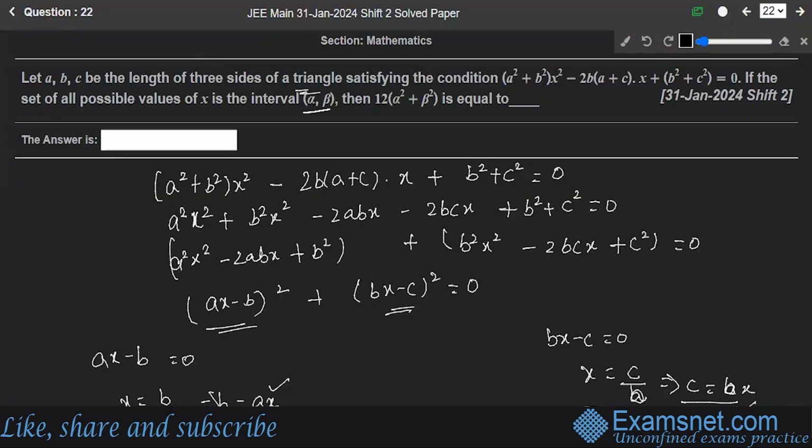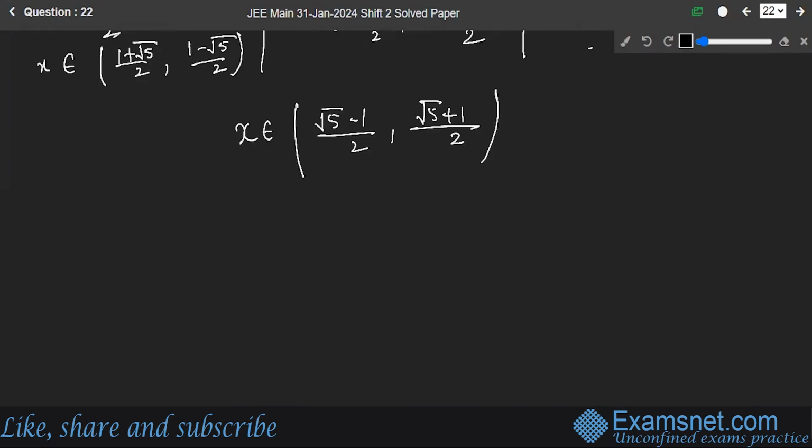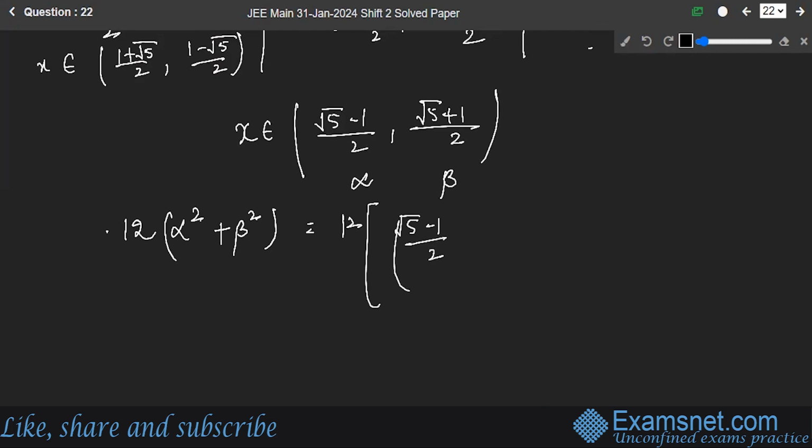All right. So we have over here alpha and beta. So this is your alpha and this is your beta. Let's find out alpha square plus beta square. You have to find 12 into alpha square plus beta square. This is 12 times root 5 minus 1 upon 2 whole square plus root 5 plus 1 upon 2 whole square.